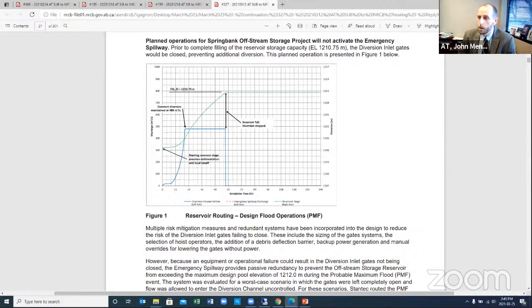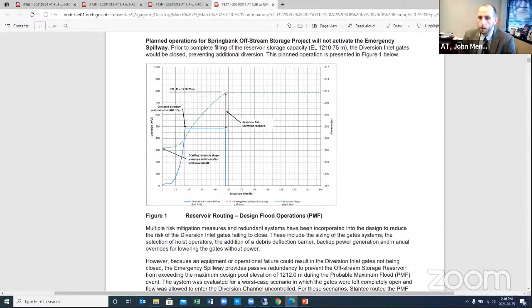So in this scenario, if you were operating underneath a probable maximum flood, it would not be ideal to fill up your reservoir before the peak of the flood hits. So we're showing that they're diverting at 480 to fill up the reservoir and take off some of the volume. The blue line represents the flow into the diversion structure during that operation, through the channel and into the reservoir.